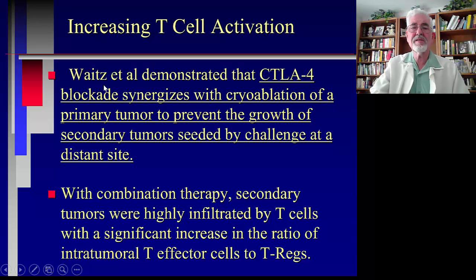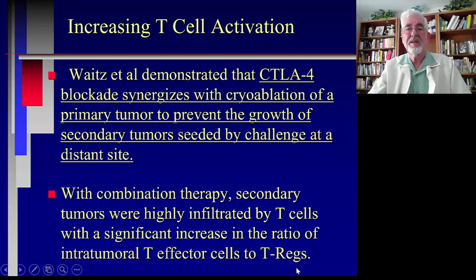We have here a researcher that demonstrated that CTLA-4 blockade synergizes with cryoablation of a primary tumor to prevent the growth of secondary tumor seeded by challenge at a distant site. With combination therapy, secondary tumors were highly infiltrated by T cells with a significant increase in the ratio of intratumoral T effector cells to Treg.